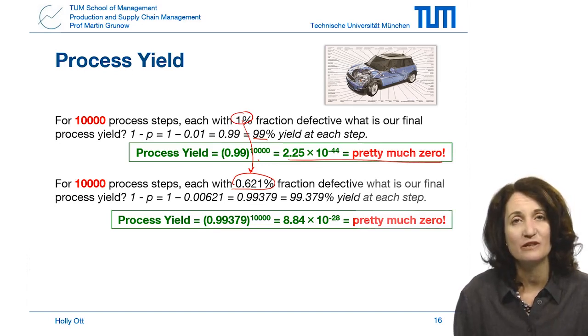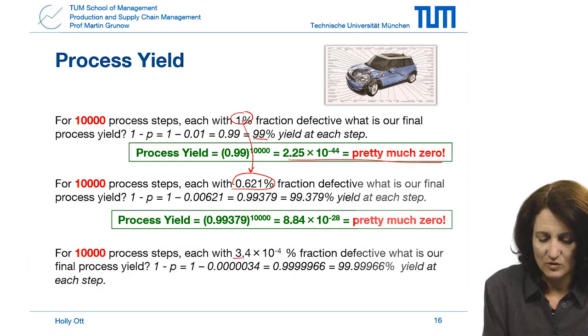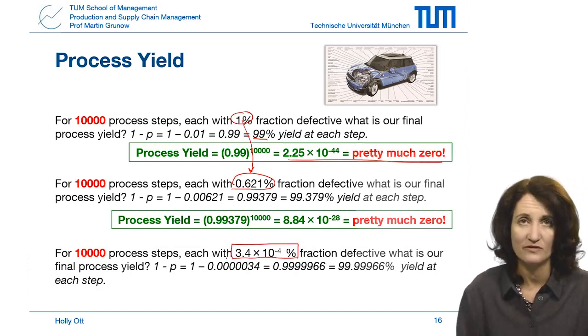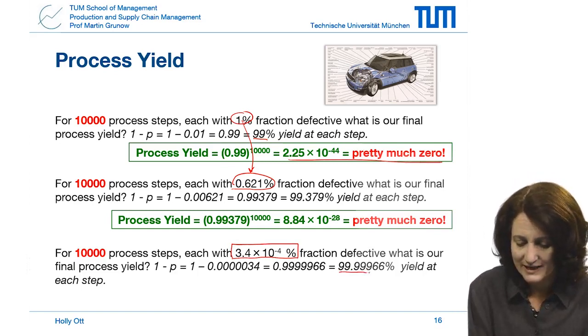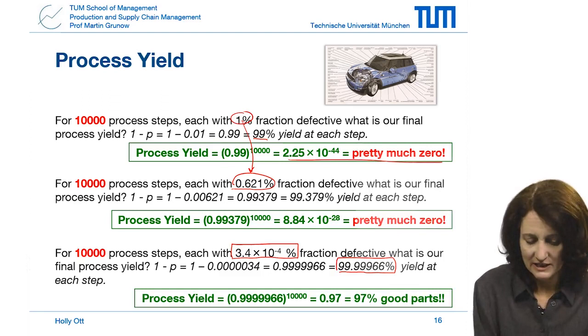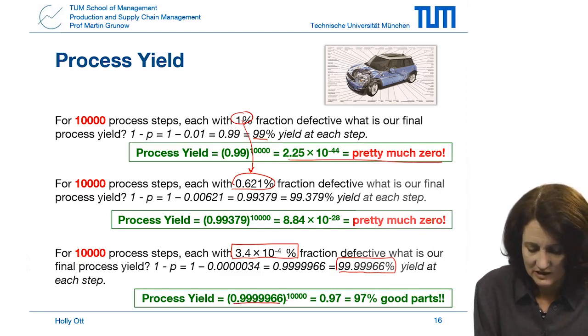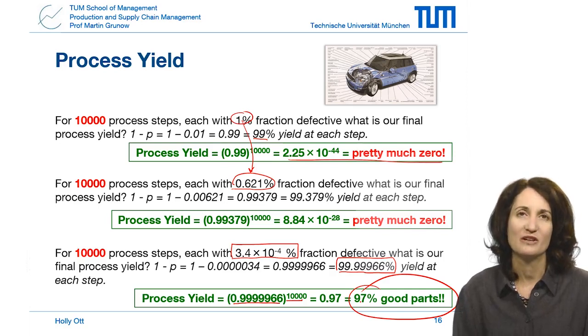What happens if we go to extreme measures and each process step has only 3.4 times 10 to the minus 4th fraction defective, meaning that each process step has 99.99966% yield? What do we get? Well, if we do that, 99.99966% to the power of 10,000, we end up with 97% good parts.